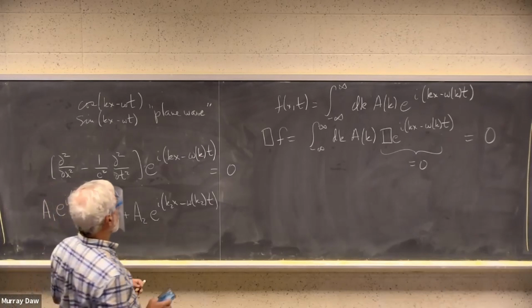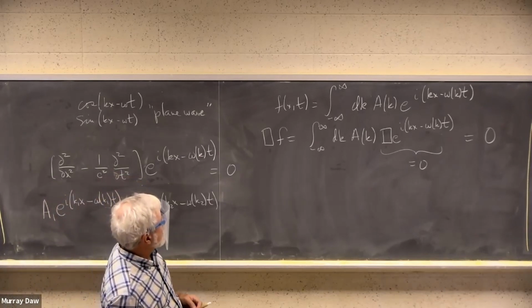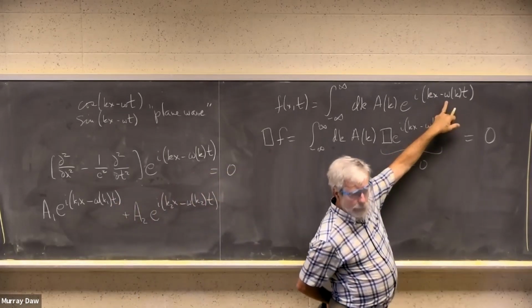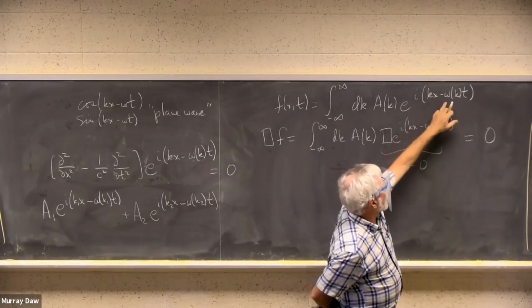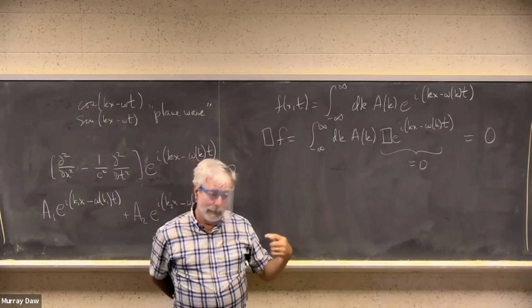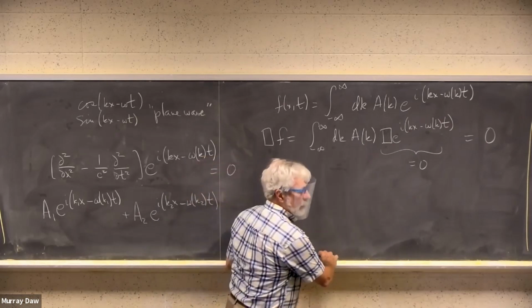Yes? So aren't you adding all the way from negative infinity to infinity? Yeah, so remember, if I fix omega as being positive here, then the speed is omega over K. If K is positive, it travels to the right. If K is negative, it travels to the left. That makes sense?